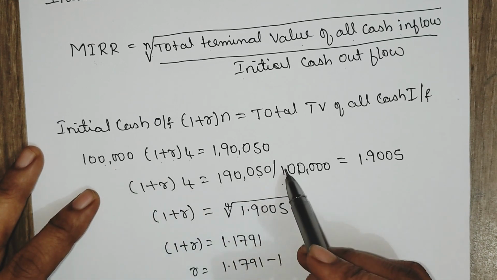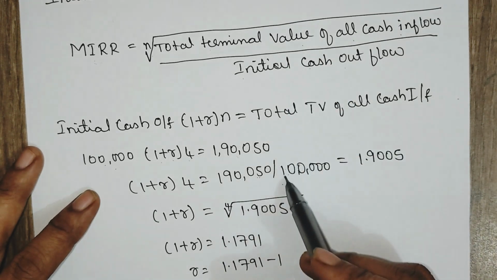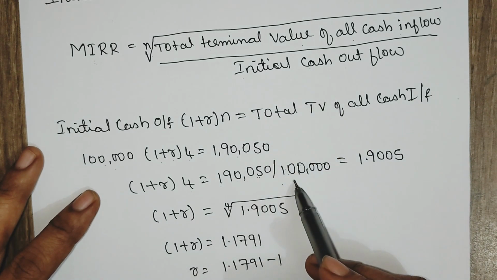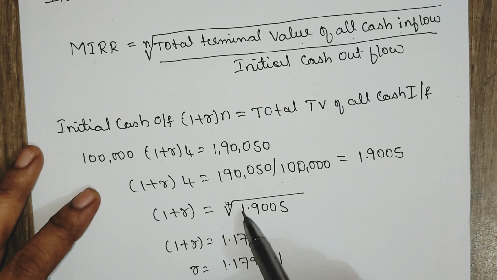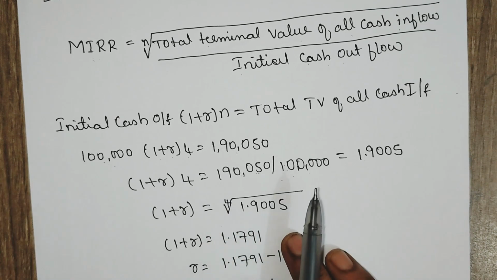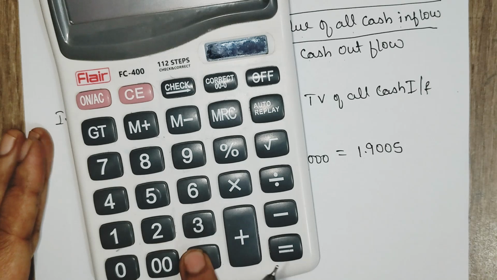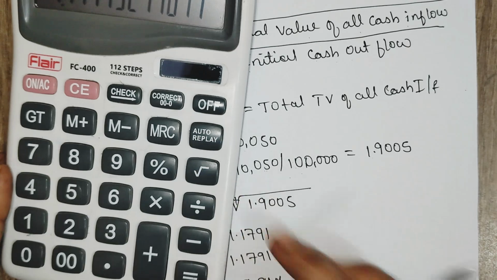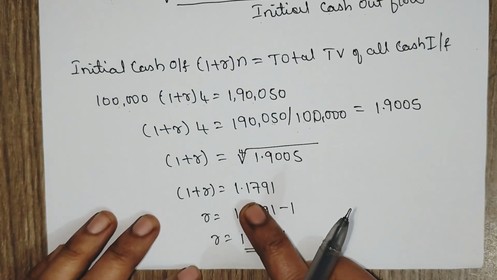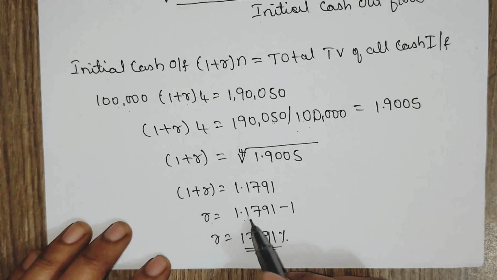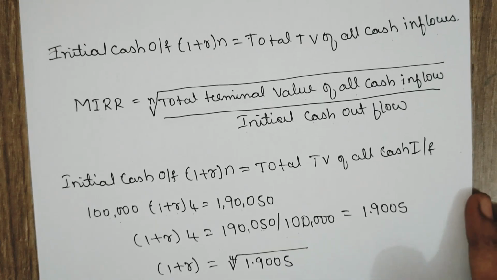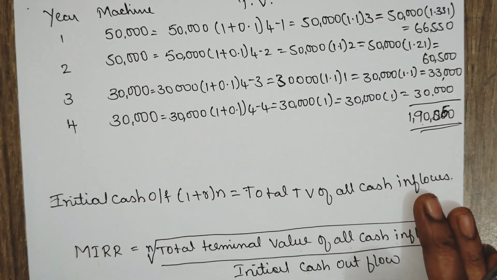You divide the total terminal value by the initial outlay, then shift the root to the other side and find the value: 1.9005, square root is 1.1791. R is 1.1791 minus 1, which is 17.91%.